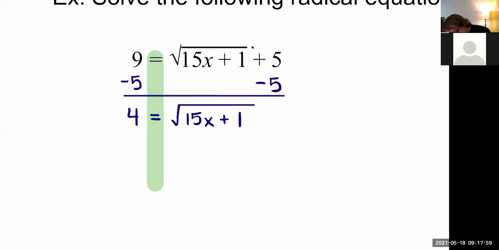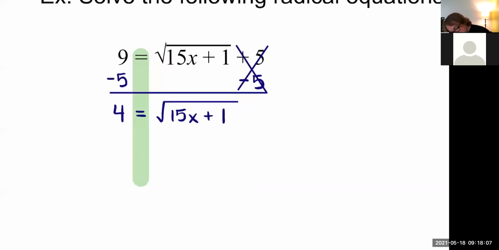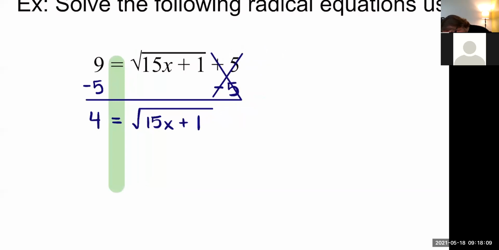The 5, take away 5 is now gone. It's been removed from that side of the equation. So I believe step 1 is done. And if you want to make a little mental note off to the side, this step was to isolate the radical.